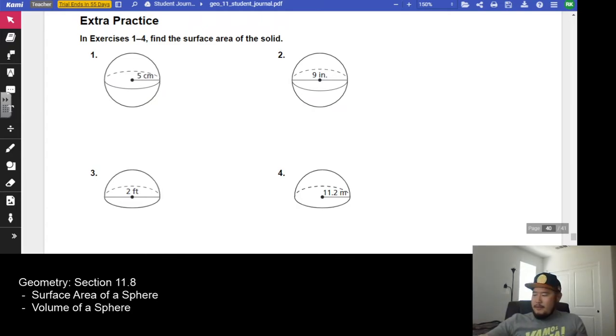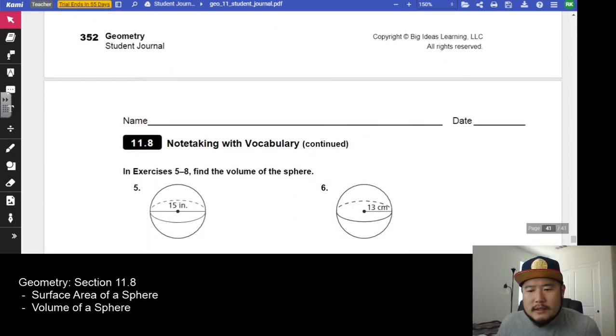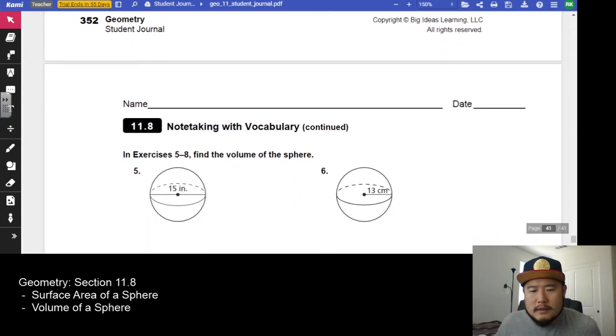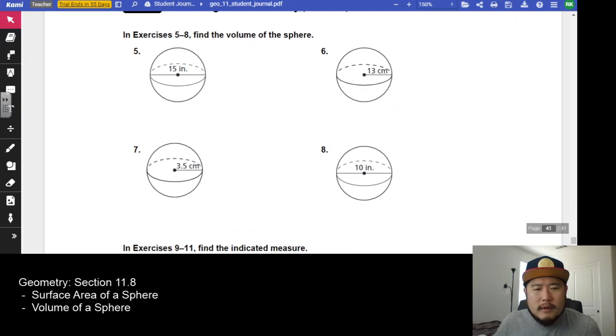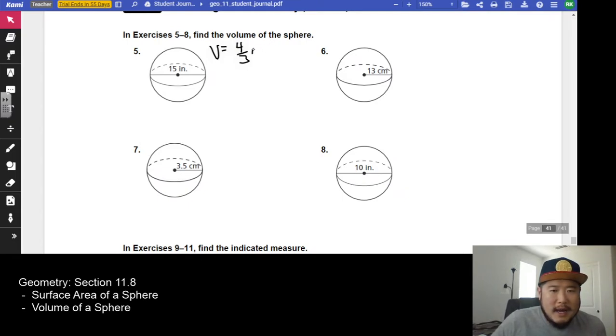Let's go ahead and take a look at finding the volume of a sphere. Start off, take a look at number 5. Remember, the volume of a sphere is 4/3 pi r cubed.